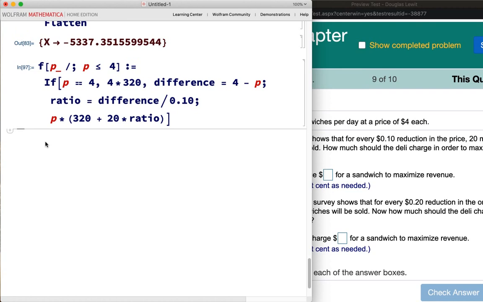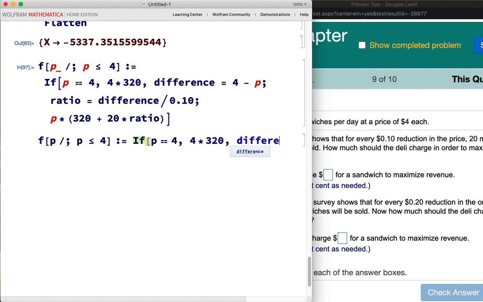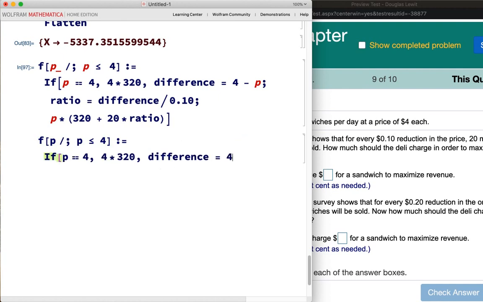So one more time, let me define this again. P is the price. P must be less than or equal to $4. If P is equal to $4, it's $4 a sandwich times 320 sandwiches. Otherwise, the difference is going to be equal to 4 minus P. So for example, if P is $3.90, the difference is 10 cents.